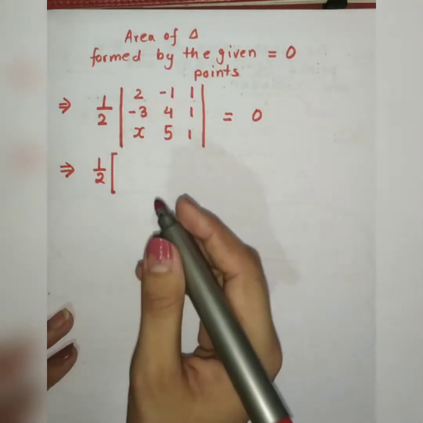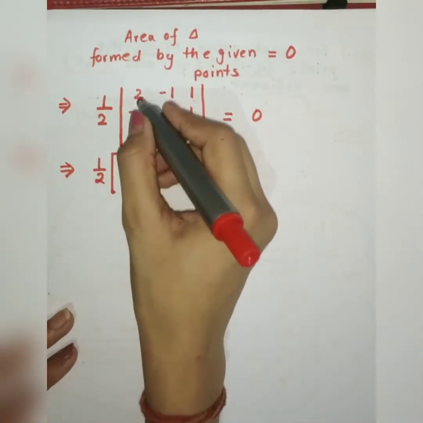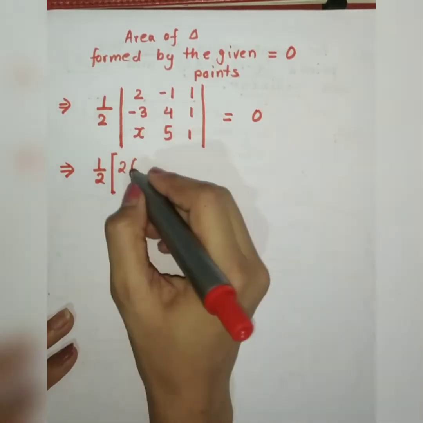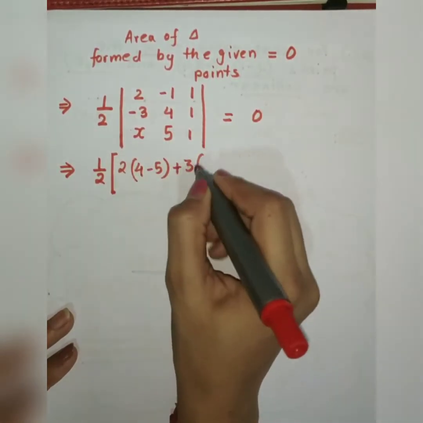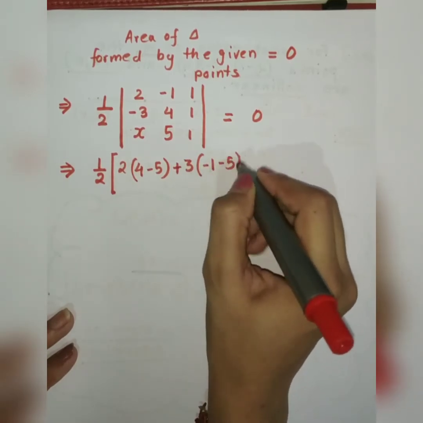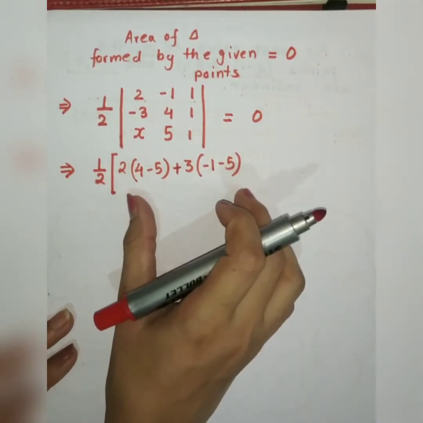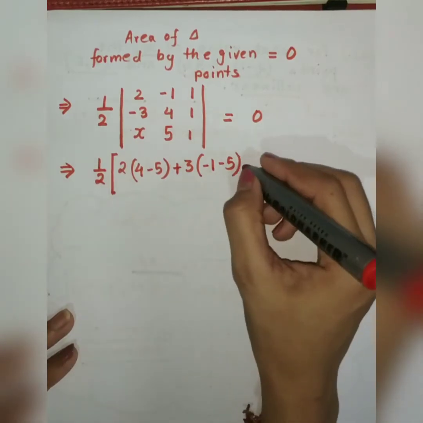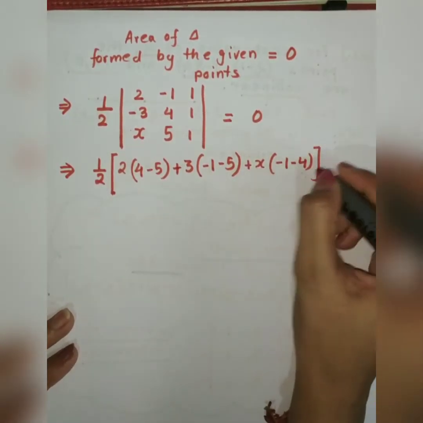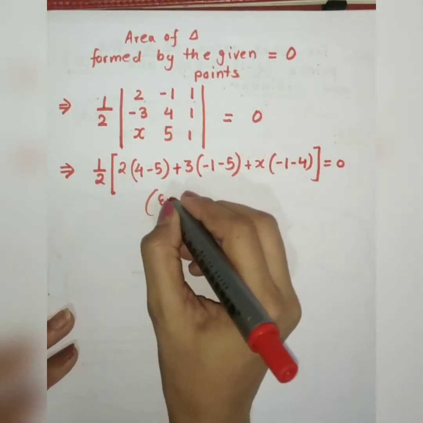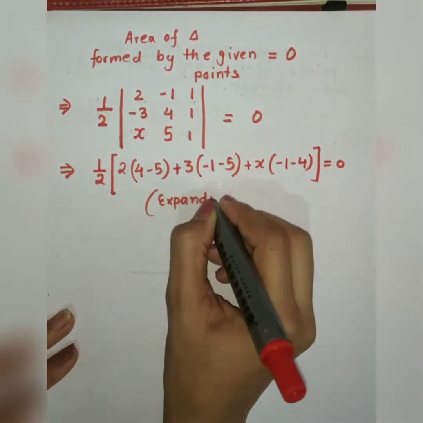So I am expanding along column 1. So it is 2(4 - 5) + 3(-1 - 5). Be cautious about the calculations while solving a determinant. Plus x(-1 - 4) equals 0, as I have expanded it along column C1.